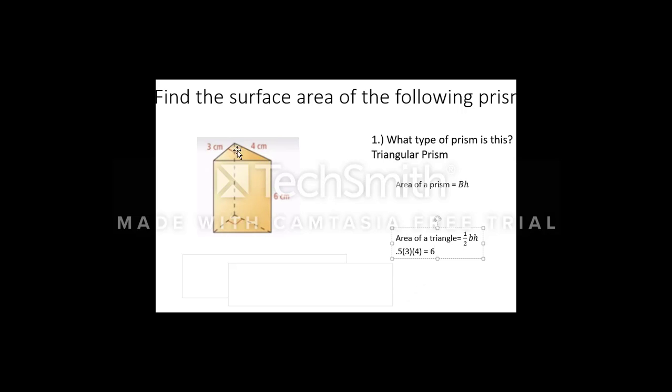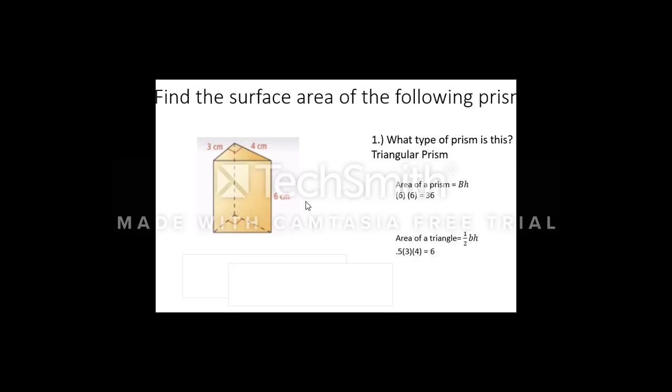The area of our triangular base is 6. We are going to apply that back into the area of a prism. The area of the base is 6 times the height of that prism, which is also 6. So the surface area of this entire prism is 36.